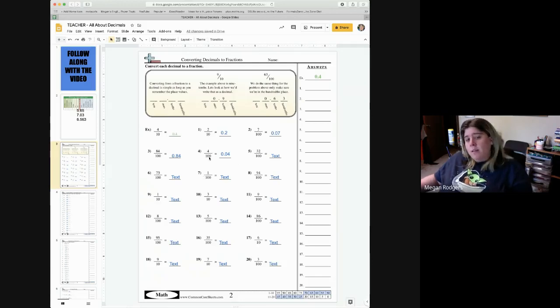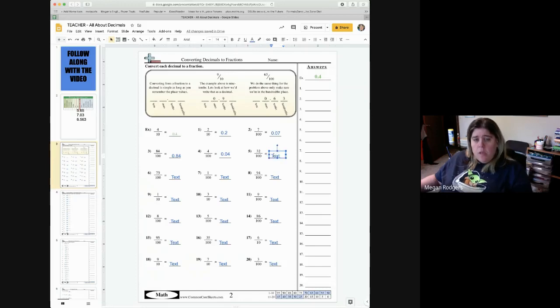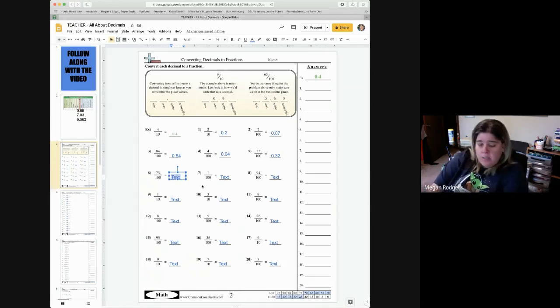If you also want to think about this, hundredths is like cents. So if you're writing money, if I wanted 2 cents, I wouldn't write it like this. That would be more than 2 cents. That would be 20 cents. So you always want to put that 0 in there. So 32 100ths, 0.32. 73 100ths again.